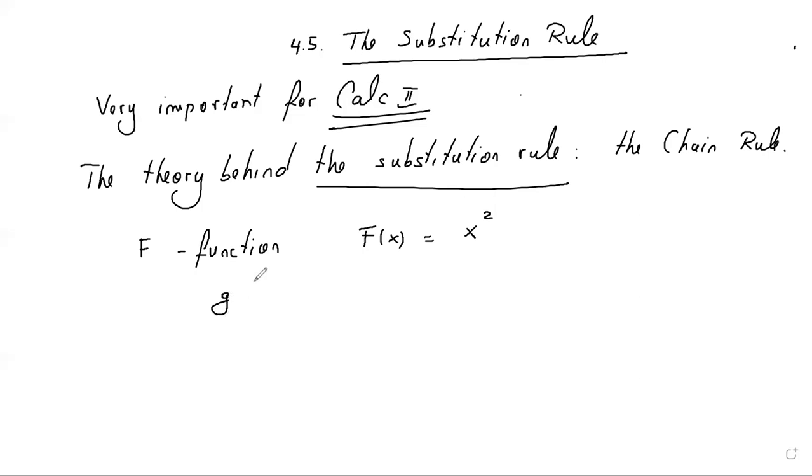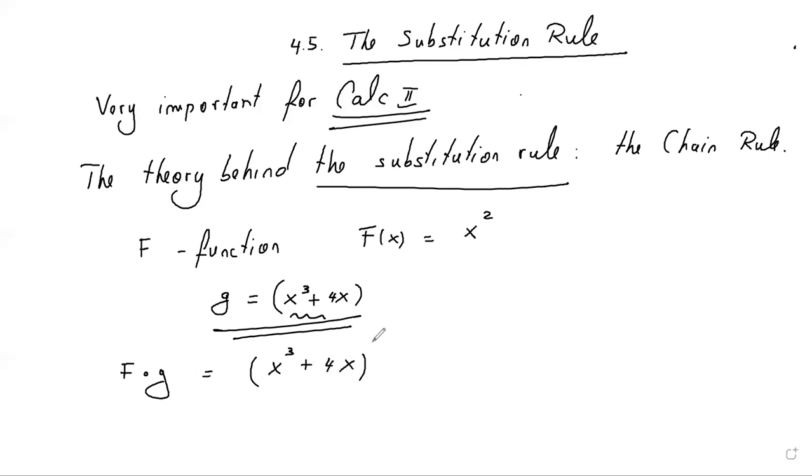Pay attention here, because this is the trick. Let's say we do x cubed plus 4x. That's g. If we do the composition f circle g, that's substituting g in the formula of f, so we'll get x cubed plus 4x, squared.